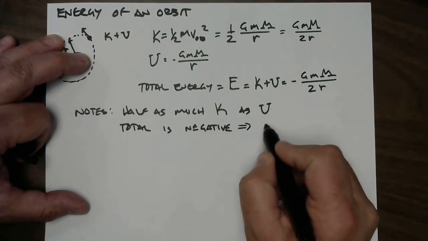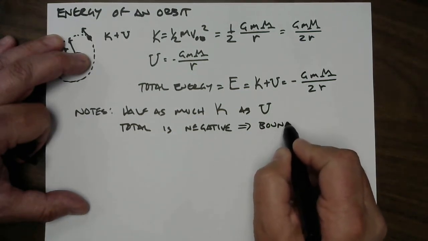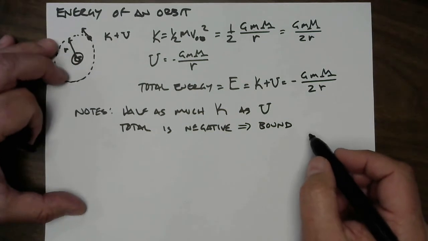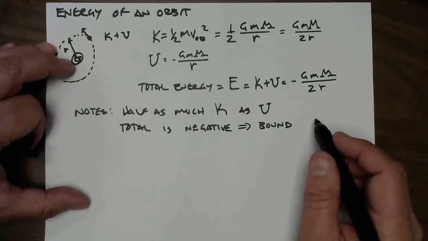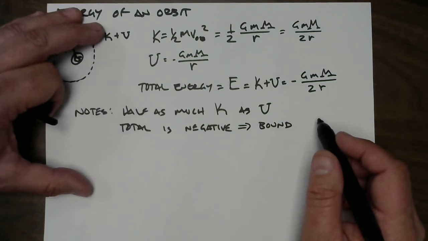And that means these orbits are bound. They cannot escape. They're underneath the axis on the potential energy curve that we learned to read last semester.